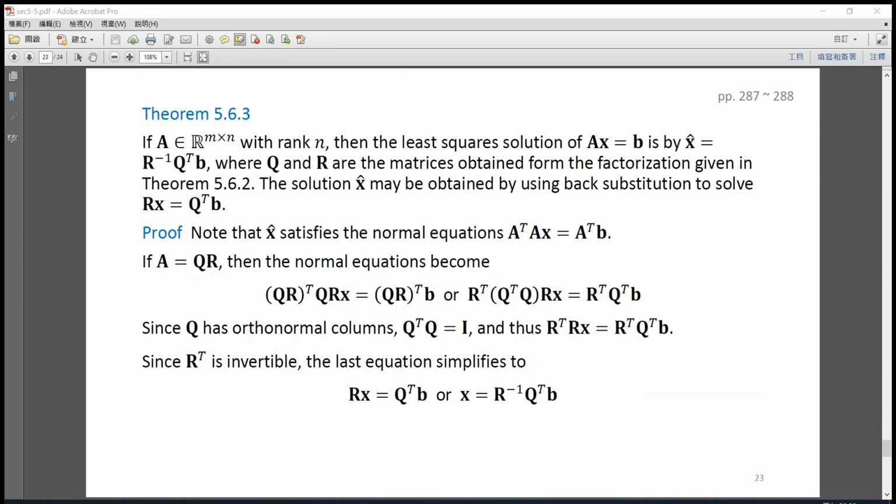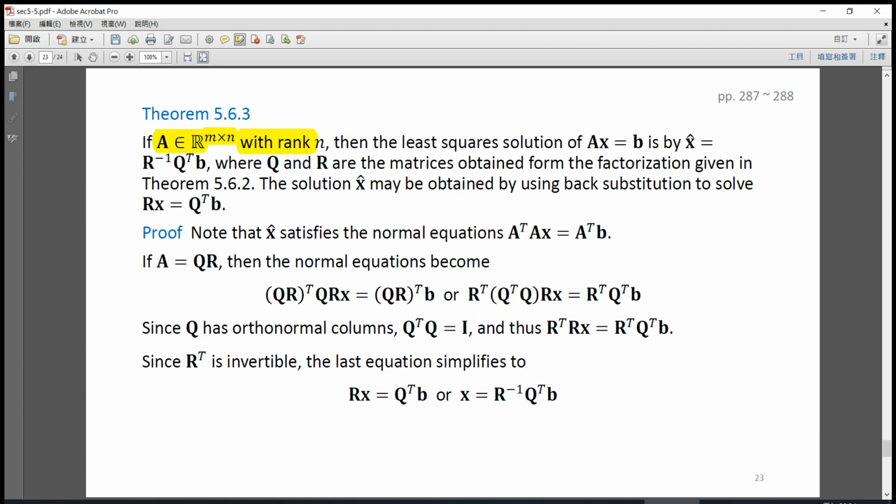In this slide, we illustrate Theorem 5.6.3, which uses the QR factorization to obtain the solution of the least squares problem. Let A be a matrix of dimension m times n, and suppose A has full column rank.